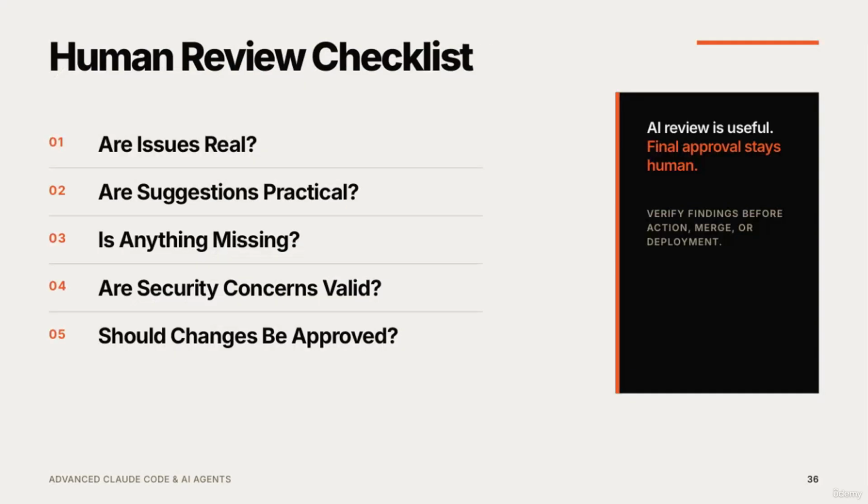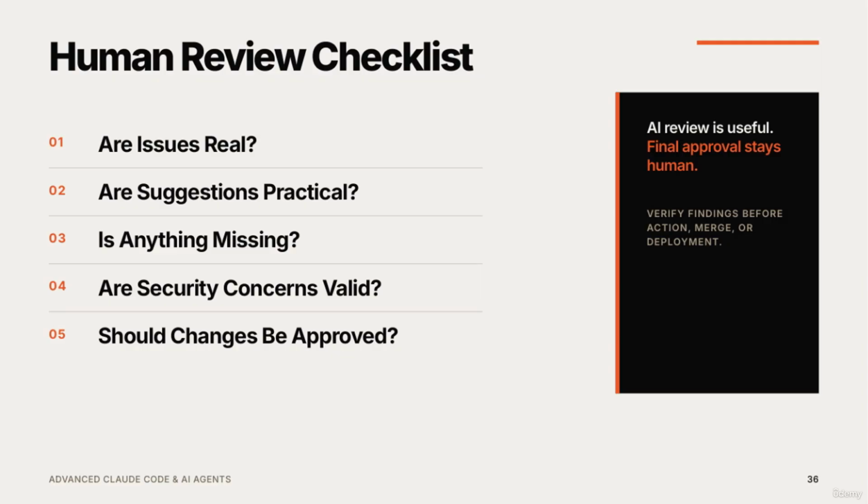Here, we focus on the importance of human review in the process. The checklist begins by asking, are the issues real? This encourages us to critically evaluate whether the problems identified truly exist or if they're false positives. Next, we consider if the suggestions provided are practical, ensuring recommendations can be realistically implemented.